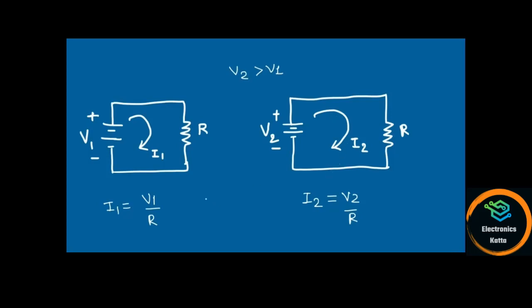So we can say that for both circuits, if V2 is greater than V1, then I2 will be greater than I1.